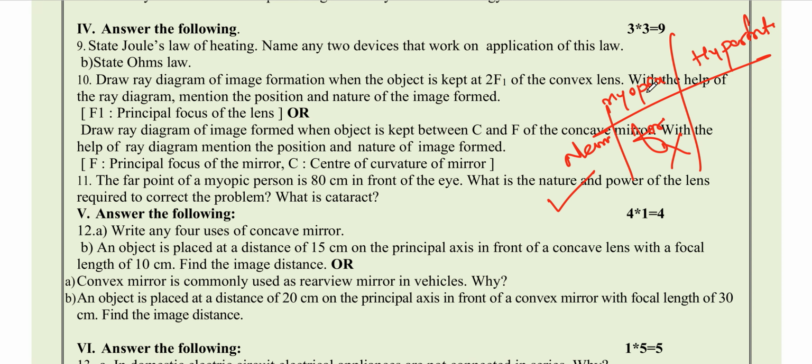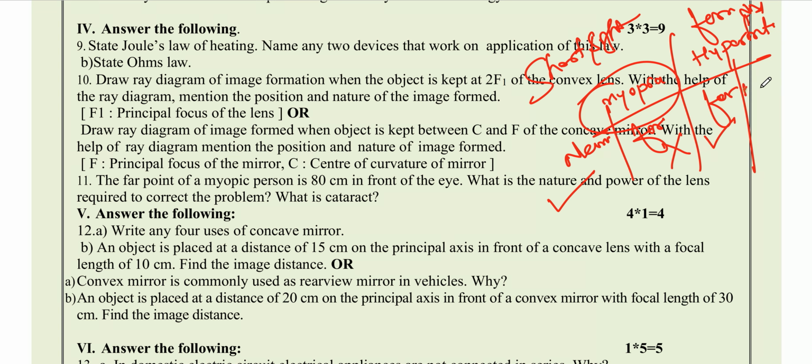Myopia is short sightedness. What is another name for myopia? Short sightedness, isn't it? Hypermetropia is far sightedness. Short sightedness means short objects are seen clearly, far objects are not seen clearly. Hypermetropia, far sightedness, means he can see far objects clearly, he cannot see near objects clearly.